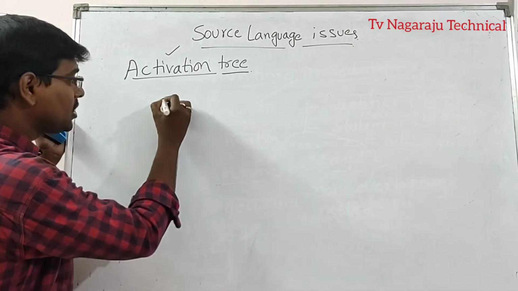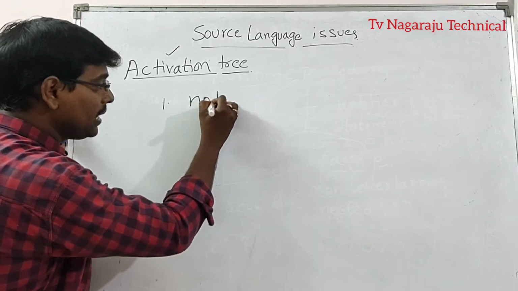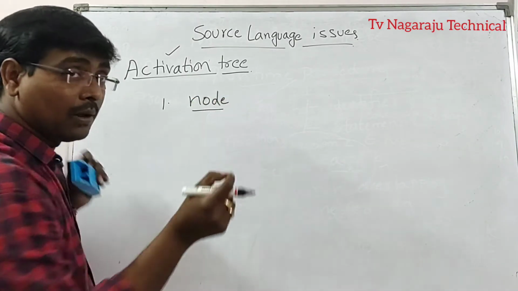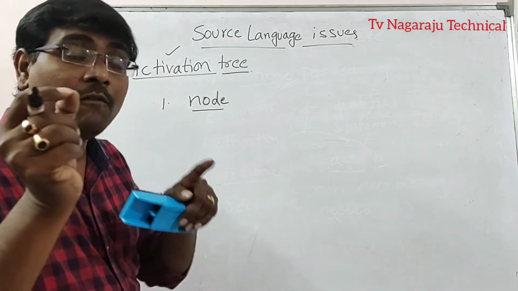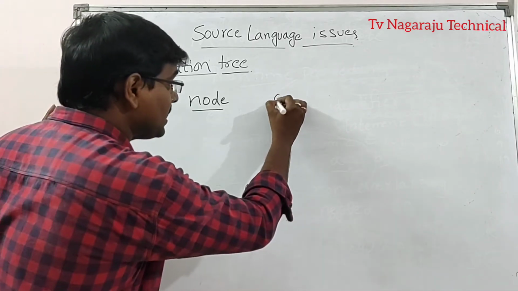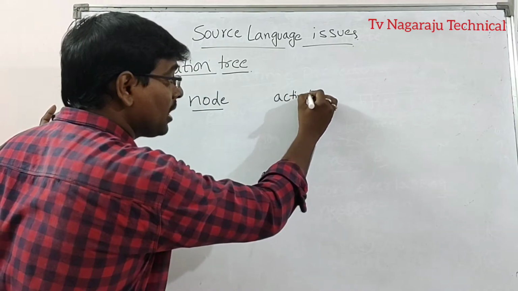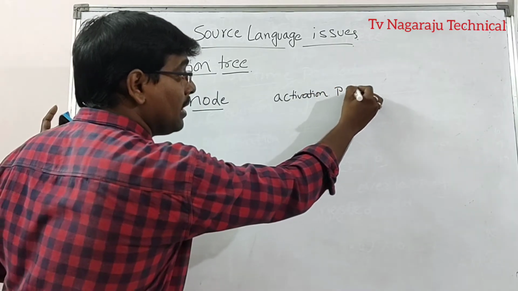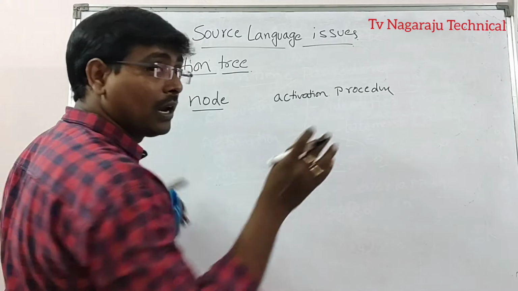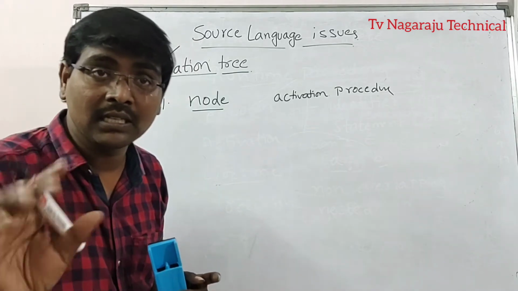An activation tree is represented in node format. Remember, each and every node represents the activation of a procedure. For example, my program consists of 5 procedures.